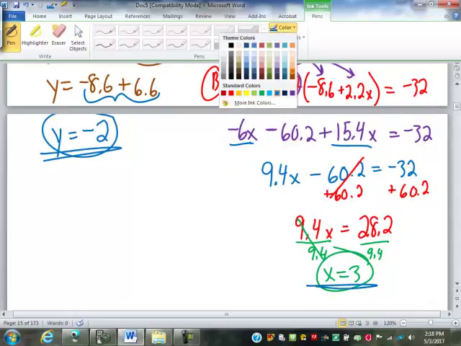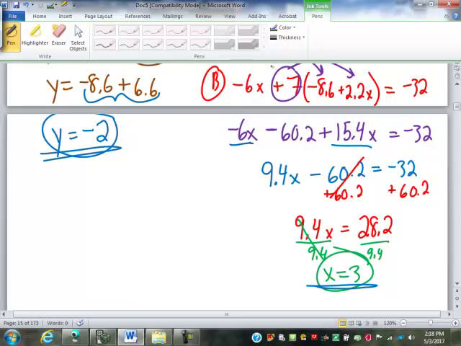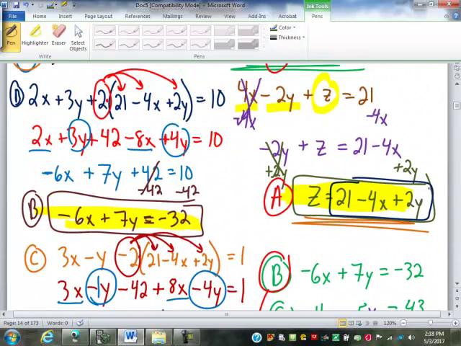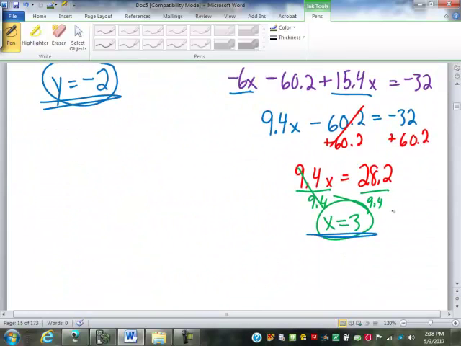Now we have to go back to one of the original equations to find z. I'm actually going to go back to equation A that I had solved for z. So z equals 21 minus 4x plus 2y. And I'm going to put in the values I have for x and y.